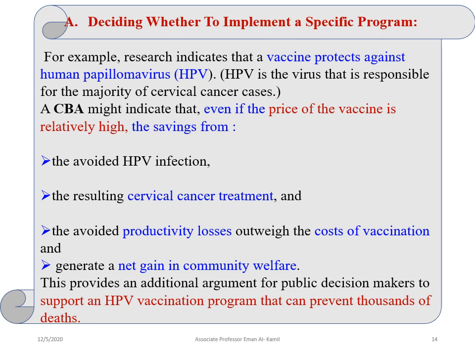So this provides an additional argument for public decision makers to support a human papillomavirus vaccination program that can prevent thousands of deaths. فبهالحالة هاي they have justification ويصير مناقشات وargument إنه we have to provide this vaccine although it is expensive، لكنه الفائدة المادية المرجوة من prevention of the infection والcancer, and preserving the productivity of the women, it is more than the cost of the vaccine.